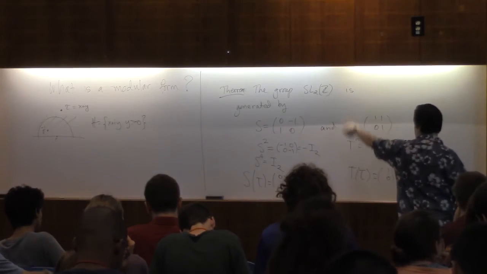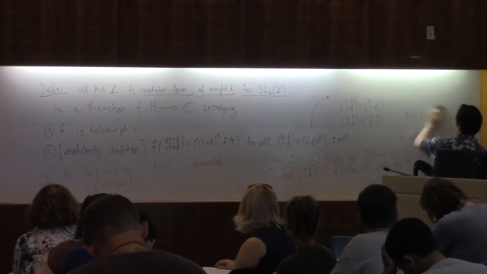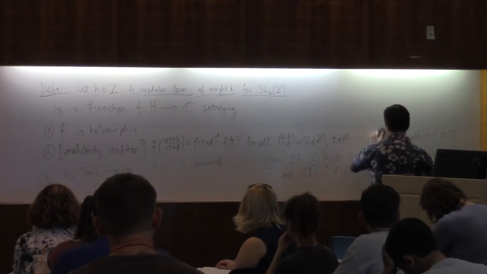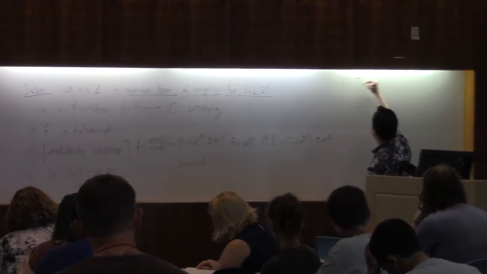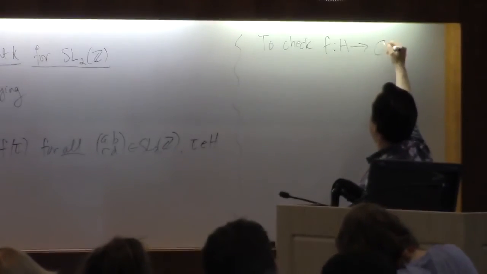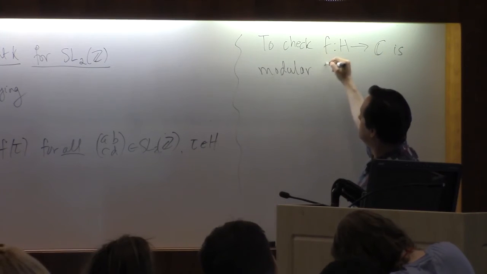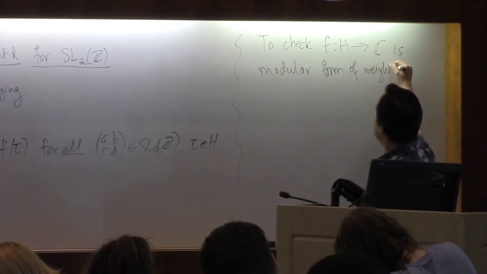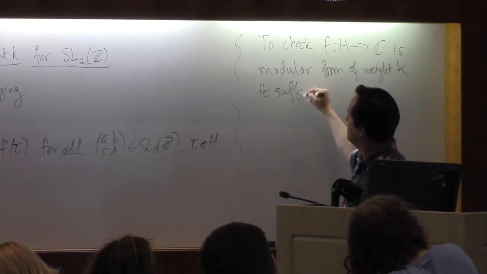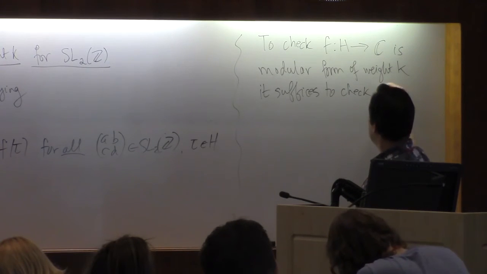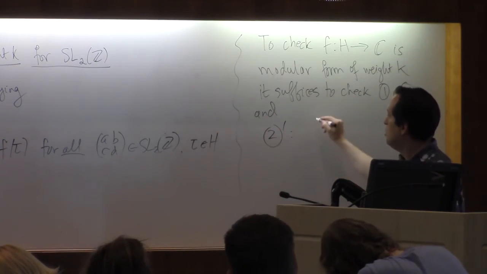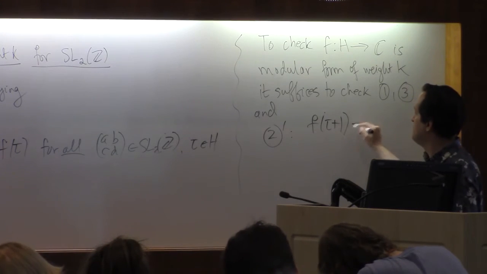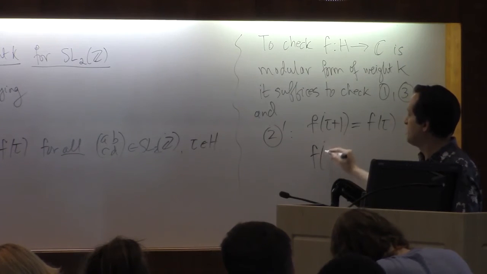The fact that this group is generated by these transformations means, so I'll erase the conditions here, but in fact I'm just going to write them down again, that what that theorem tells us is that to check that a function is a modular form of some weight, it suffices to check the first condition, the third condition, and instead of checking this condition for all of SL2Z, we'll call this 2 prime, you just have to check the modularity condition for the matrix T and the matrix S.